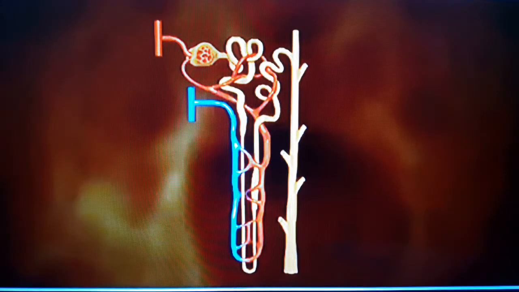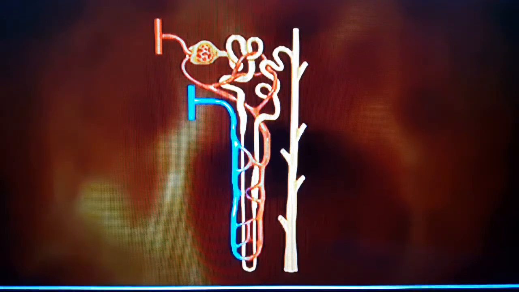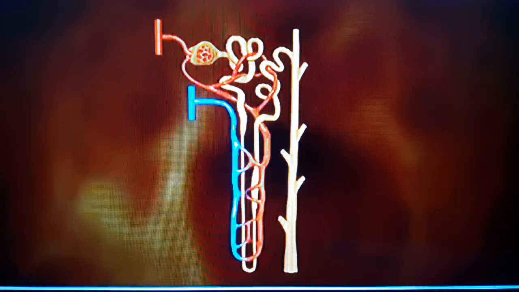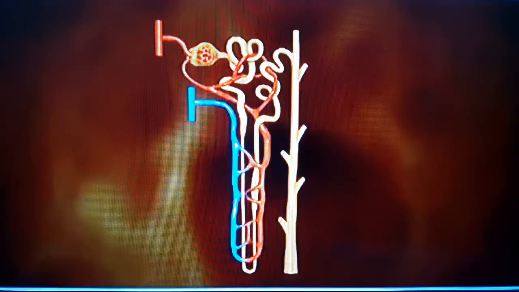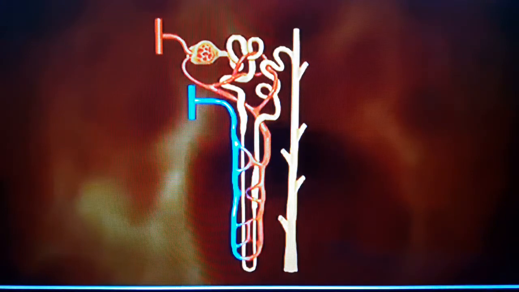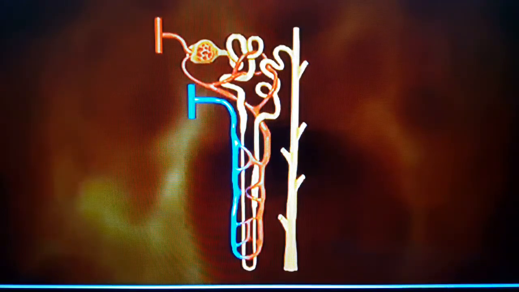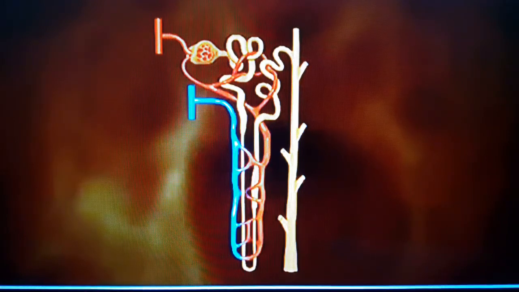Friends, here you can write the question: differences between juxtamedullary nephrons and cortical nephrons. First we talk about all four points of juxtamedullary nephrons, then cortical nephrons. First point: juxtamedullary nephrons have a long loop of Henle.